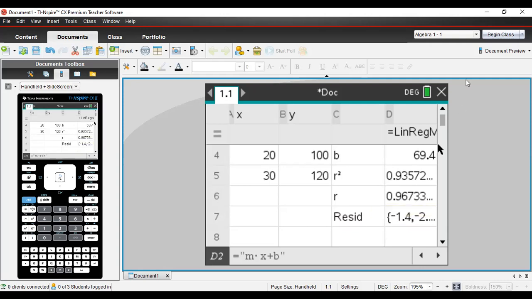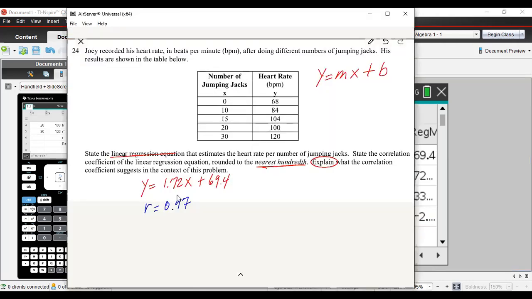So basically here we go. We got the 1.72, that's the m, and then we got the 69.4, that's the b, or the y-intercept. Now that we've got that, we also got the correlation coefficient.